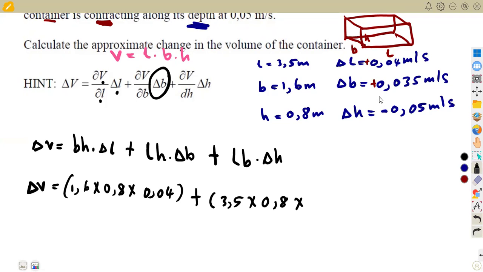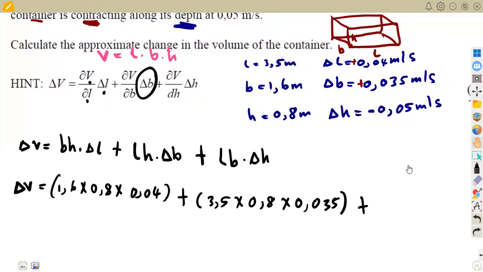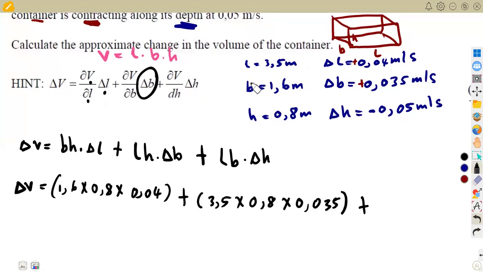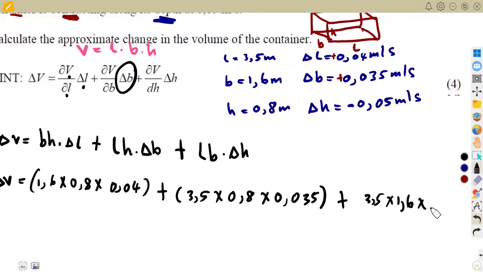The change in the breadth is a positive 0,035, like this. All right, plus we move on to the length times the breadth. So you're going to have the product of the length and the breadth, 3,5 times the breadth, 1,6 times the change in the height. The change in the height is negative 0,05.